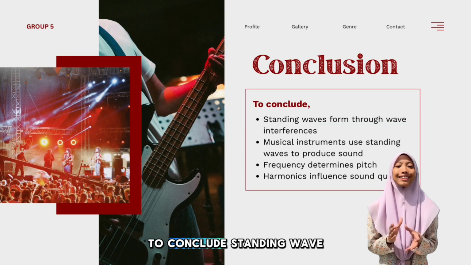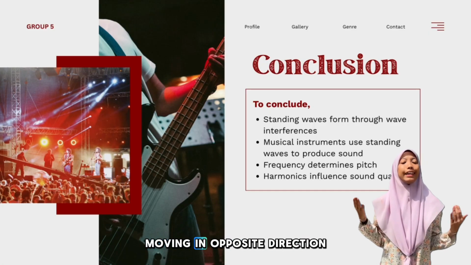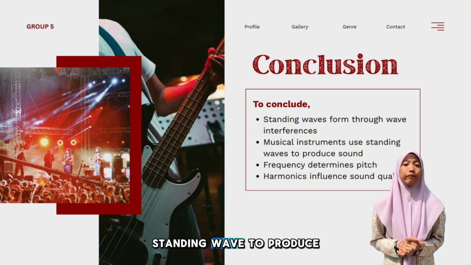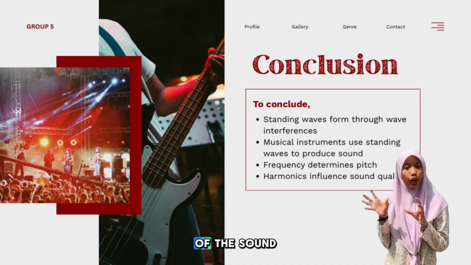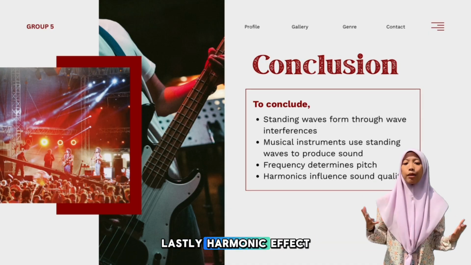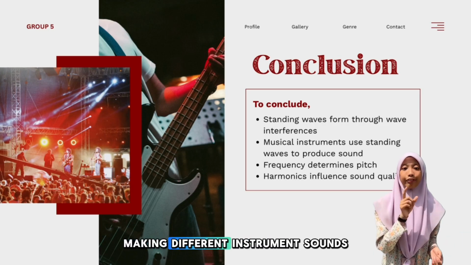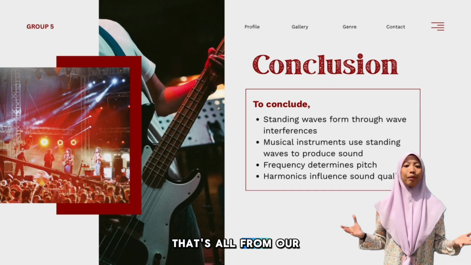To conclude, standing waves are formed by the interference of two waves moving in opposite directions. Many musical instruments use standing waves to produce sound. The frequency of the wave determines the pitch of the sound. Lastly, harmonics affect the quality or tone of the sound, making different instruments sound unique even when playing the same note. That's all from our presentation.